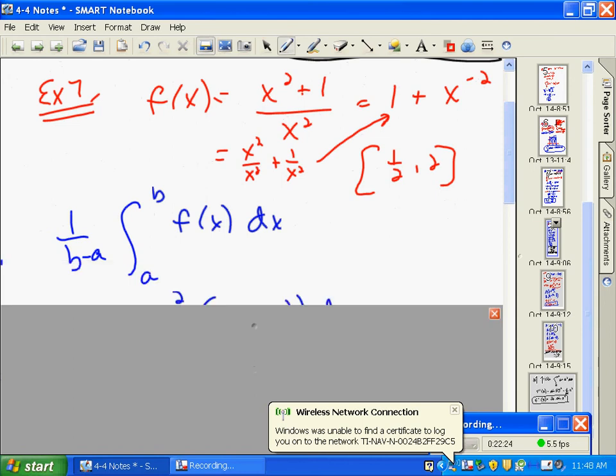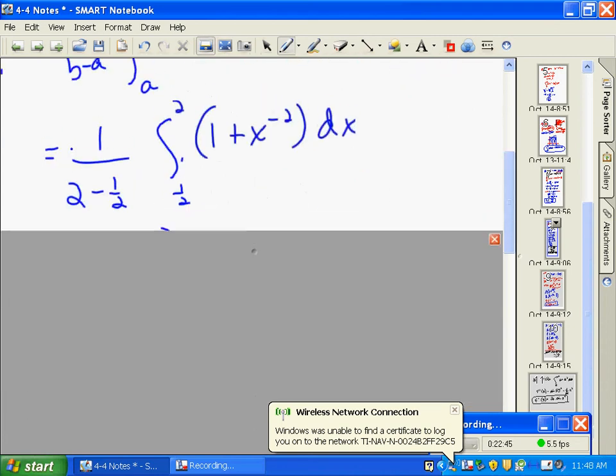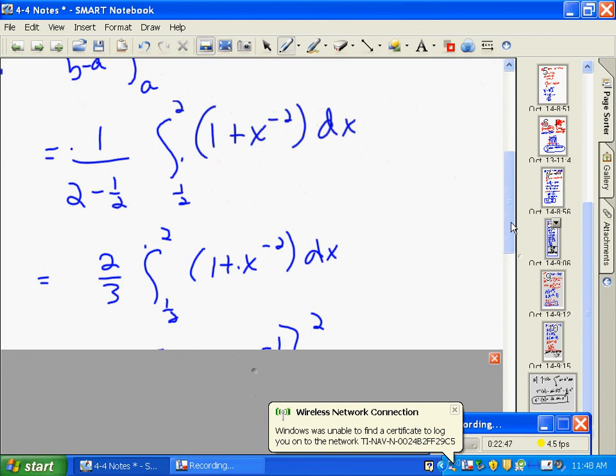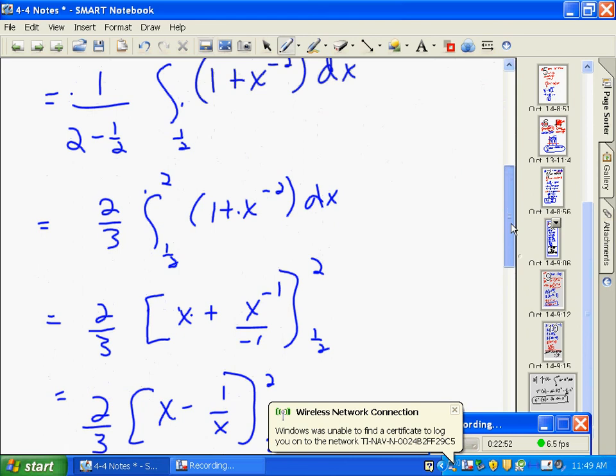So I set up my generic average value formula. Then I put in my information. I have 1 over b minus a, so that's going to be 2 minus 1/2 in that denominator. I'm evaluating from my lower bound of 1/2 to the upper bound of 2, and my integrand is 1 plus x to the negative second with respect to x. So basically I do everything the same. At the very end I'm going to just multiply by that 2/3 out front.